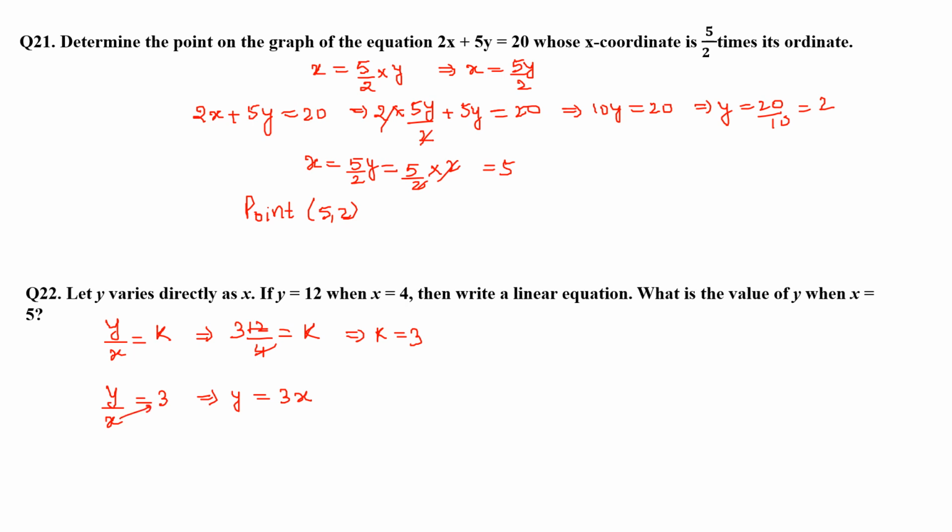Now this is your linear equation. Now the other part is what is the value of y when x is 5. Substitute x equal to 5 in equation 1. So y is equal to 3 into 5, which will give me 15. So that's all you have to do.